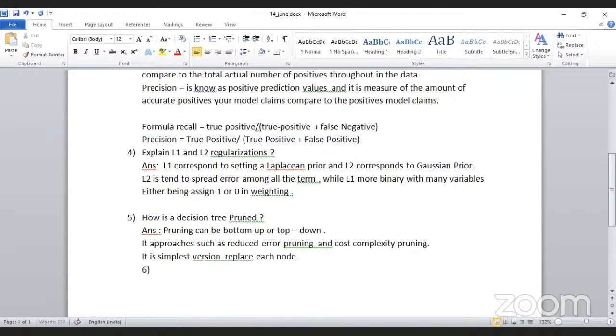Next question is, which is more important to you, model accuracy or model performance?